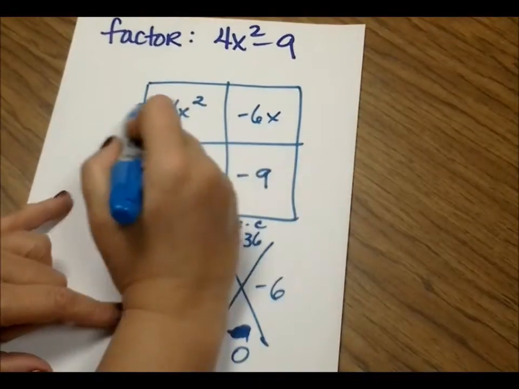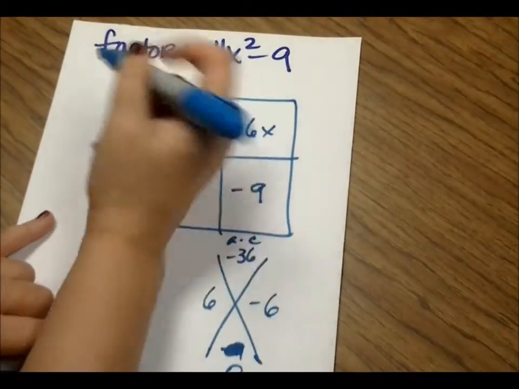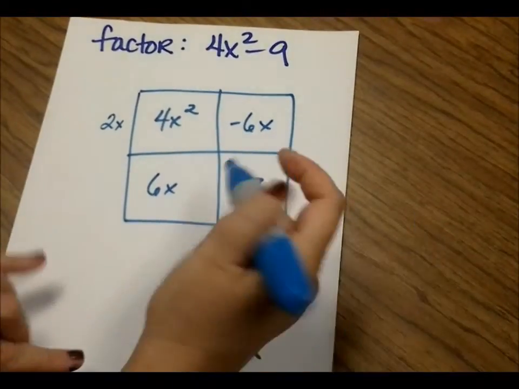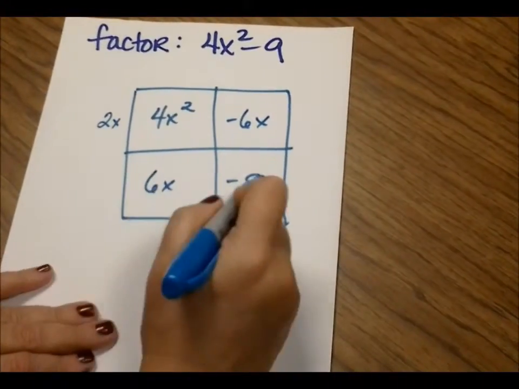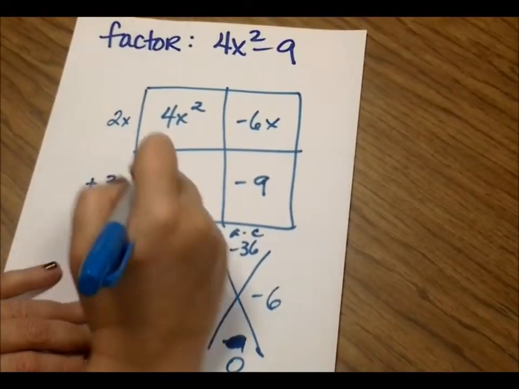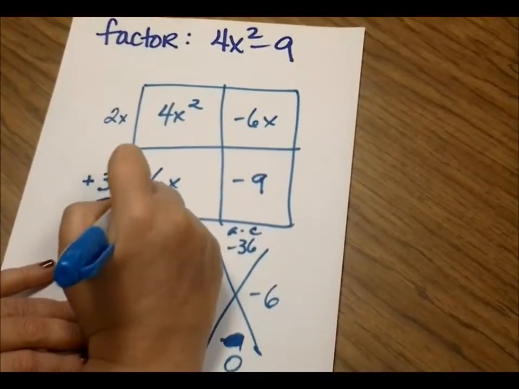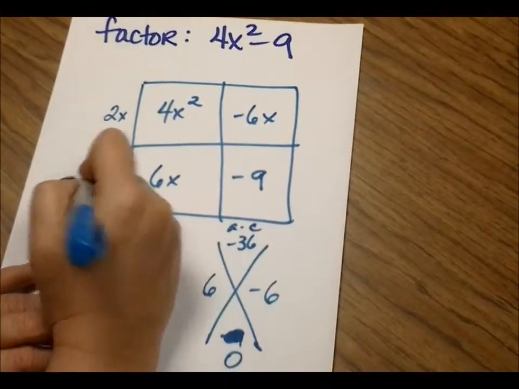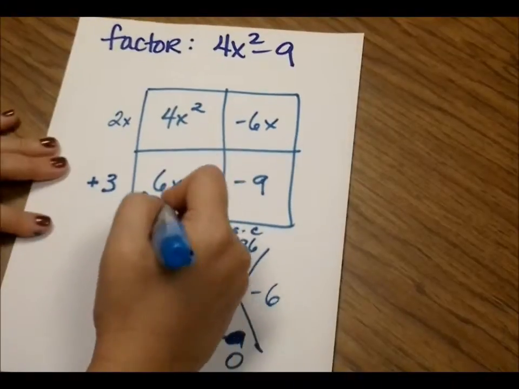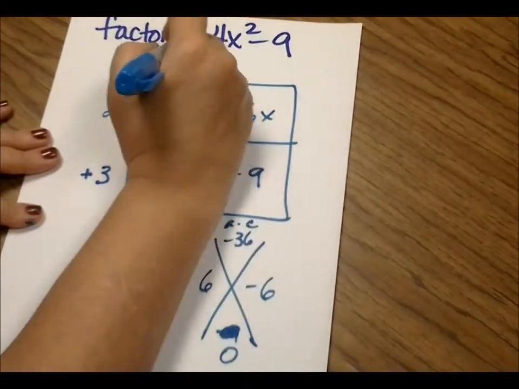So I look here and say, what do these two have in common? And I have 2x. And I look and say, what do these two have in common? And it's 3. And this is going to be a positive 3 because the sign for this number is what drives it through this particular pane of the box. Going this way, what do they have in common?